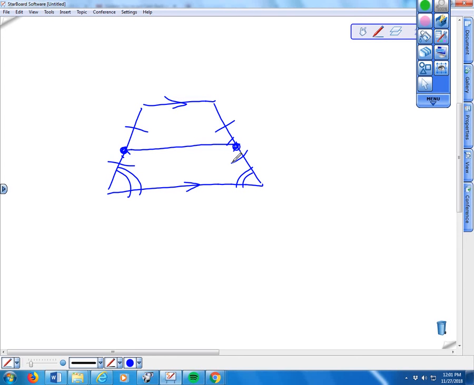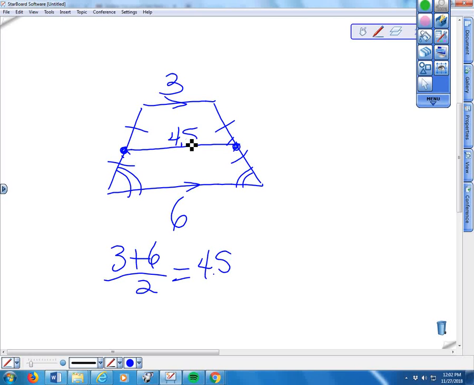And to find the length of the mid-segment, you average the length of the bases. So if this was 3 and this was 6, the mid-segment's 4.5. You add the two bases up and divide by 2. That's how you find the length of the mid-segment.